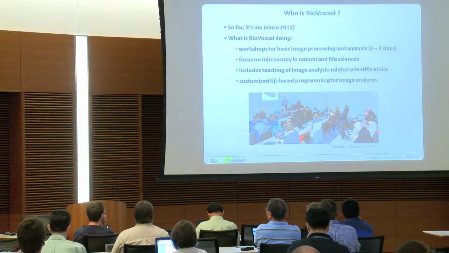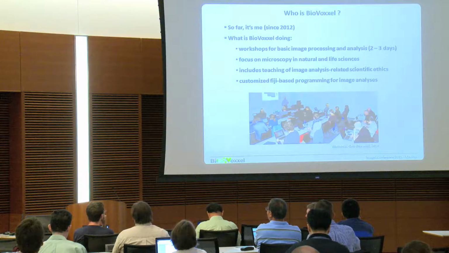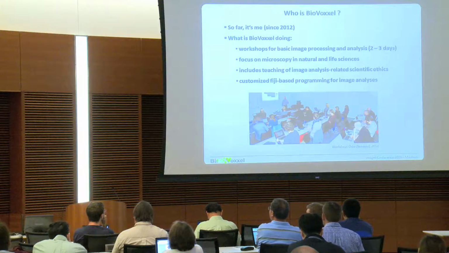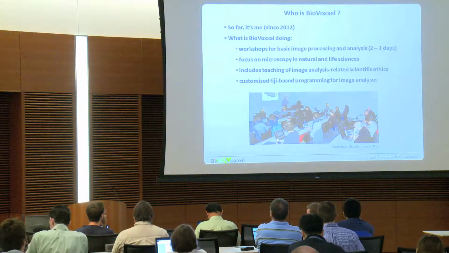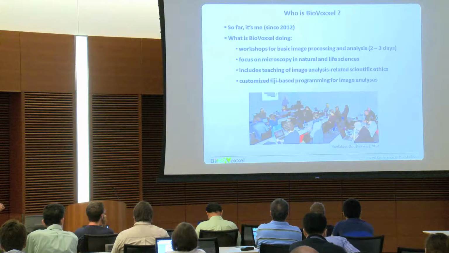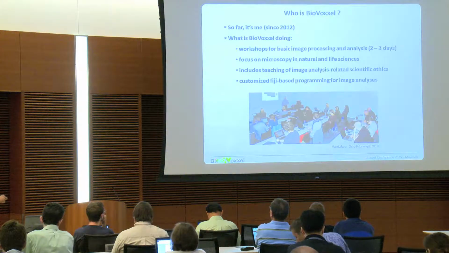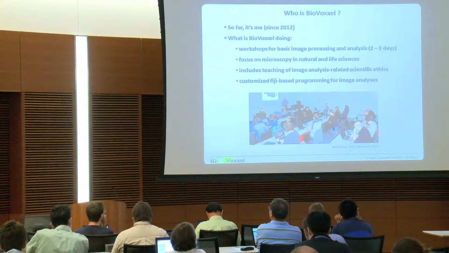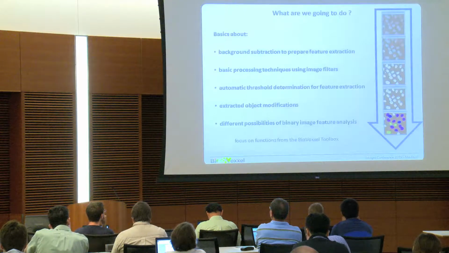Unfortunately, journals often don't put clear criteria on what they want or need, but I think there is some general ethics we should stick to: not altering what we show too much. In addition, I also offer some customized programming for analysis based on Fiji.